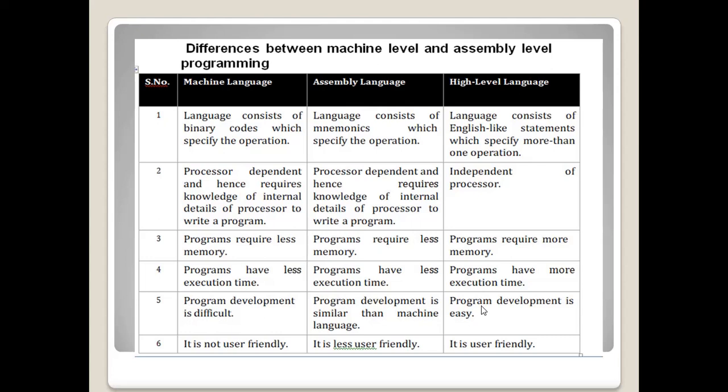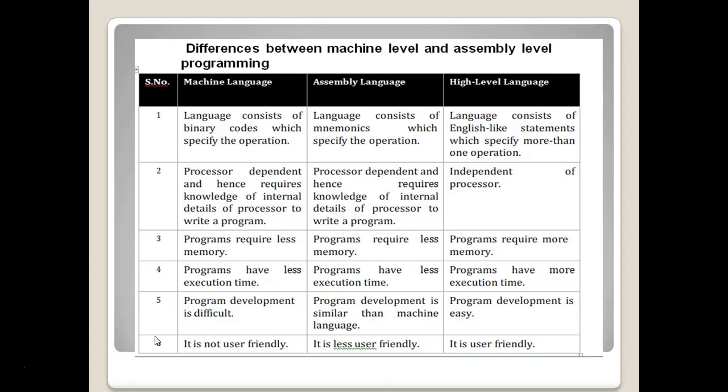Assembly language is also processor dependent and requires the knowledge of the processor. Whereas high level language is independent of processor.